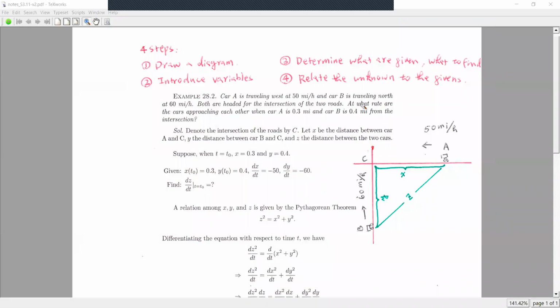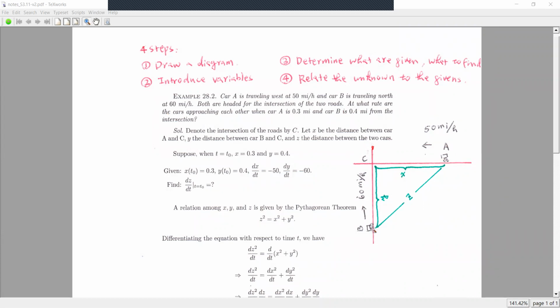To answer the question, step 1, draw a diagram. I'm done with this step. Step 2, introduce variables. I let C denote the intersection of the roads. The distance between car A and point C is denoted by x.